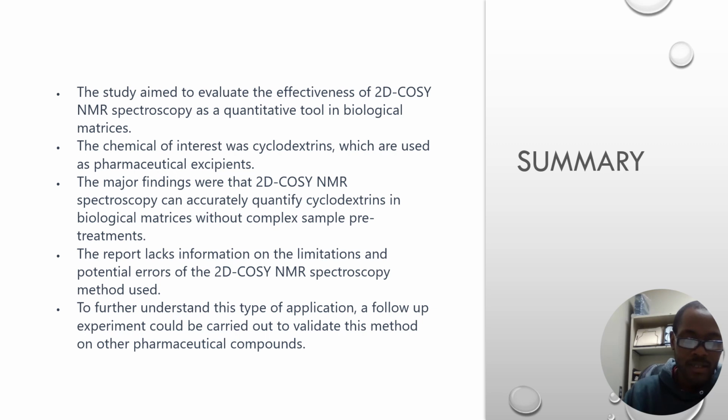The report did lack information on the limitations and potential errors of the 2D NMR spectroscopy method used. The next experiment could be to validate this method on other pharmaceutical compounds and not just cyclodextrin.